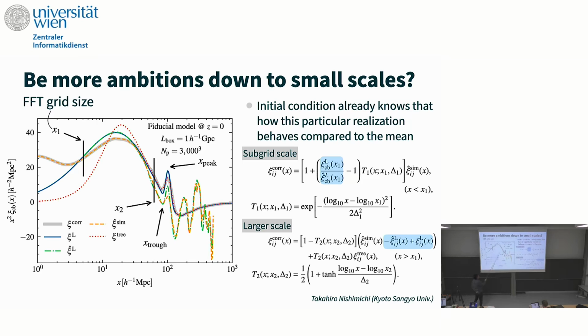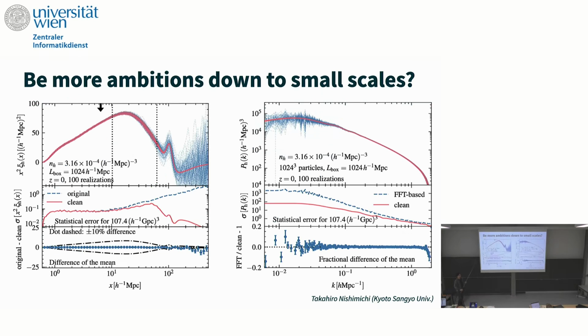Okay, then maybe this is the final plot. The final model is this gray solid line, and I compare it with some individual realizations, like a 1 Gpc box with 3-level simulated linear theory and so on. To show that this is not really biased, we try 100 random realizations.